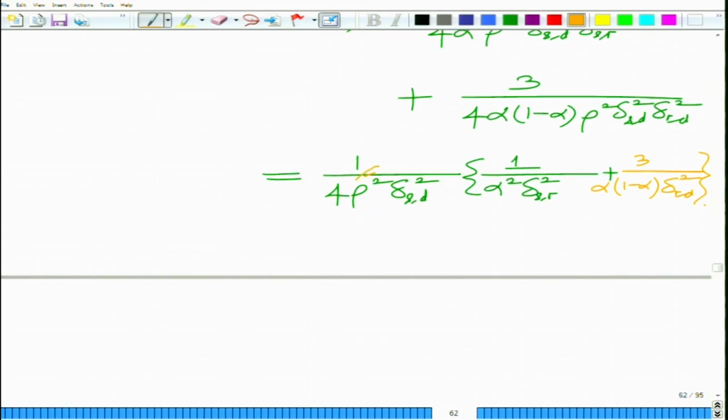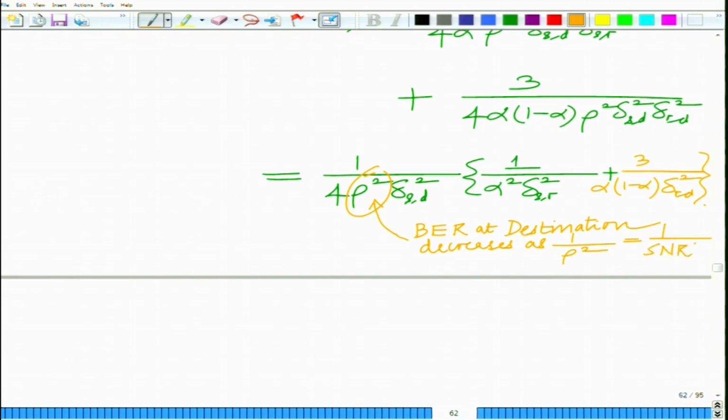Now, if you pay attention to this bit error rate expression, you will notice something interesting. You will notice that the effective end to end bit error rate decreases as 1 over rho square. So, the bit error rate at the destination is equal to 1 over SNR square.